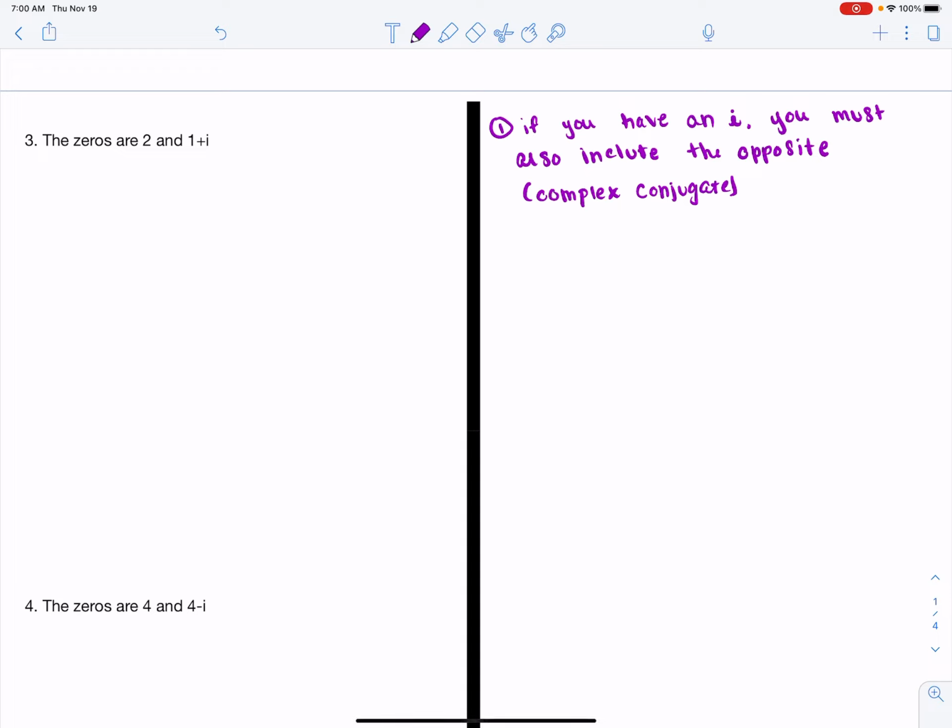Okay, so that means really I have zeros, so set x equals 2, x equals 1 plus i. But because I have 1 plus i, I need to also add x equals 1 minus i. So when you have an i, you have to include the opposite because that is always also a 0, even if it's not written. Okay, so step 3, we're going to move everything to the left.